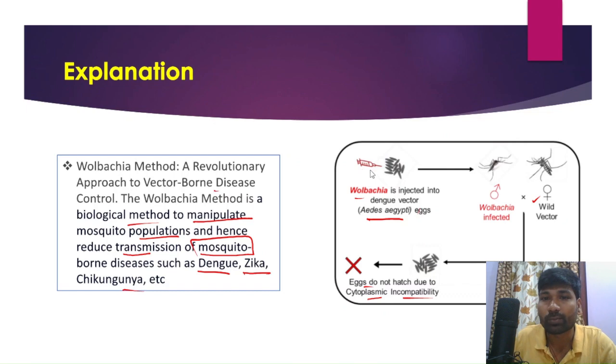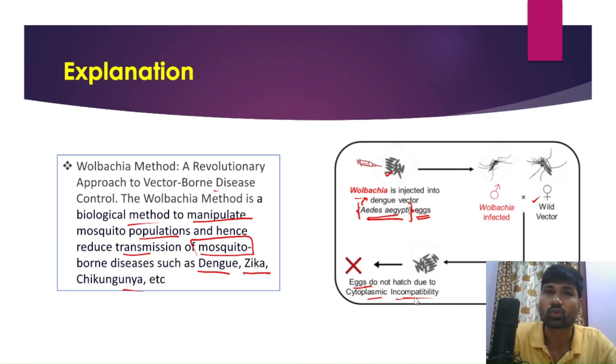Wolbachia would be injected into the Aedes aegypti mosquitoes, and these Aedes aegypti mosquitoes are a vector for the dengue disease. This Wolbachia would be injected into the Aedes aegypti eggs. Once Wolbachia is injected into the eggs, these eggs would not hatch due to the cytoplasmic incompatibility which is present in these eggs because of the Wolbachia injection.